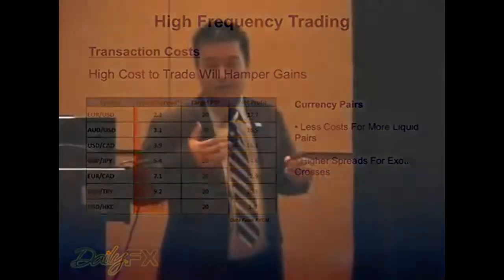So the first thing we want to do is decide what currency pairs we are going to trade. That's why, for those of you who were in my previous presentation on trading the news, I typically focus on the major currencies associated with the US dollar, because they tend to be the most liquid out of all the major currency crosses.